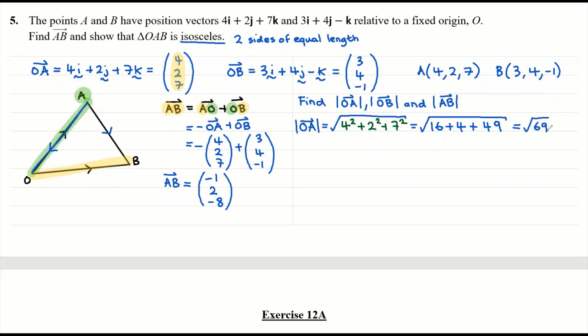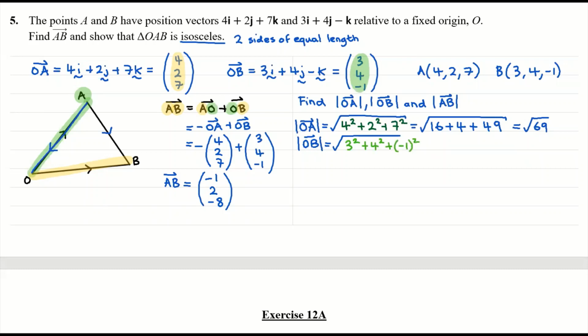Now then, do the same thing for OB. Plug in the numbers for OB, which is right here. So that's going to be 3 squared plus 4 squared plus -1 squared.